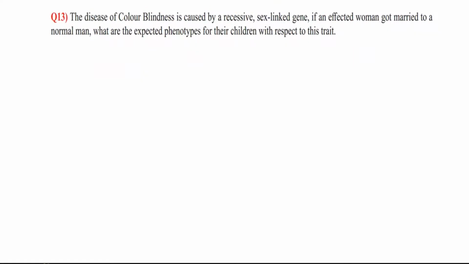Chapter questions. The disease of color blindness is caused by a recessive sex-linked gene. If an affected woman got married to a normal man, what are the expected phenotypes for their children with respect to this trait?